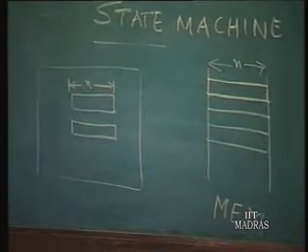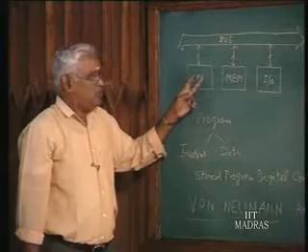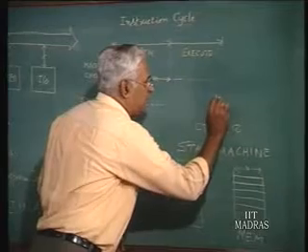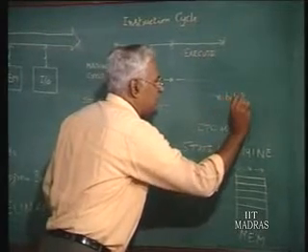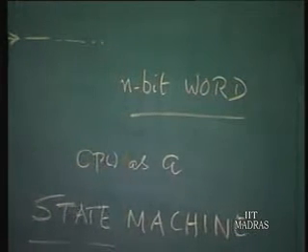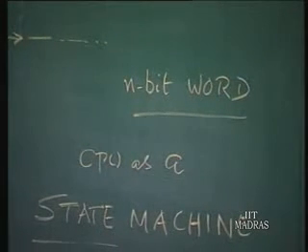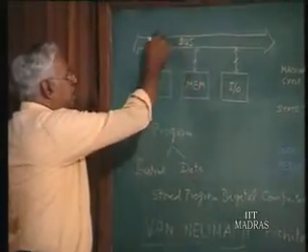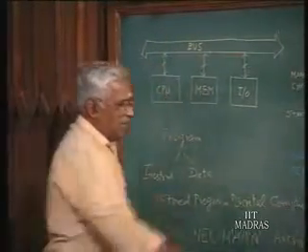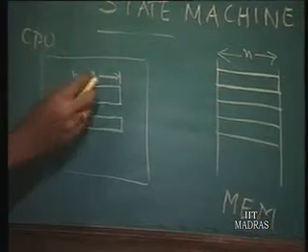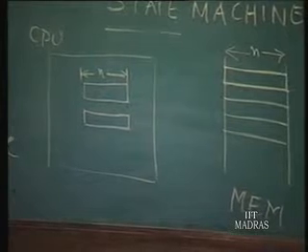Then we talk about matching. That is the CPU which can hold an n bit word, whatever n is, and remember I am using the word in a very general sense, n bit word. The memory holds an n bit word and the bus can transfer the n bit word and the CPU can receive this n bit word internally.